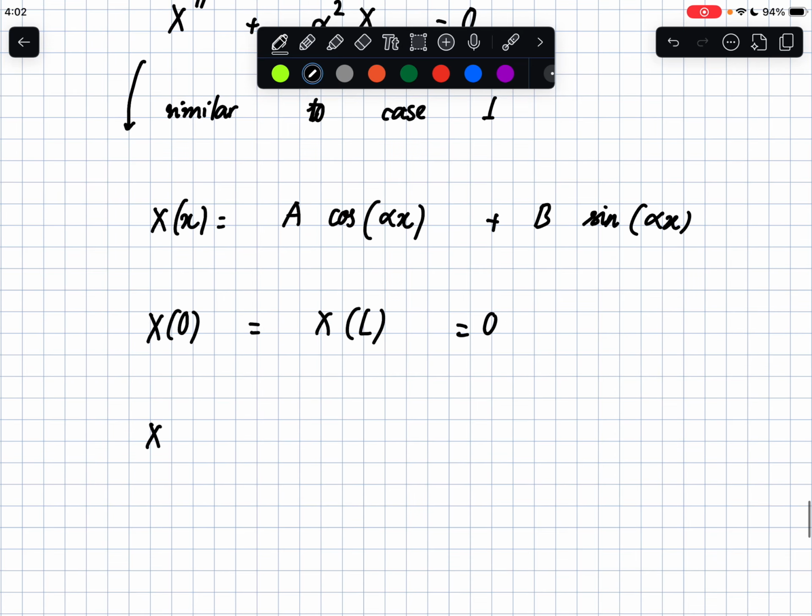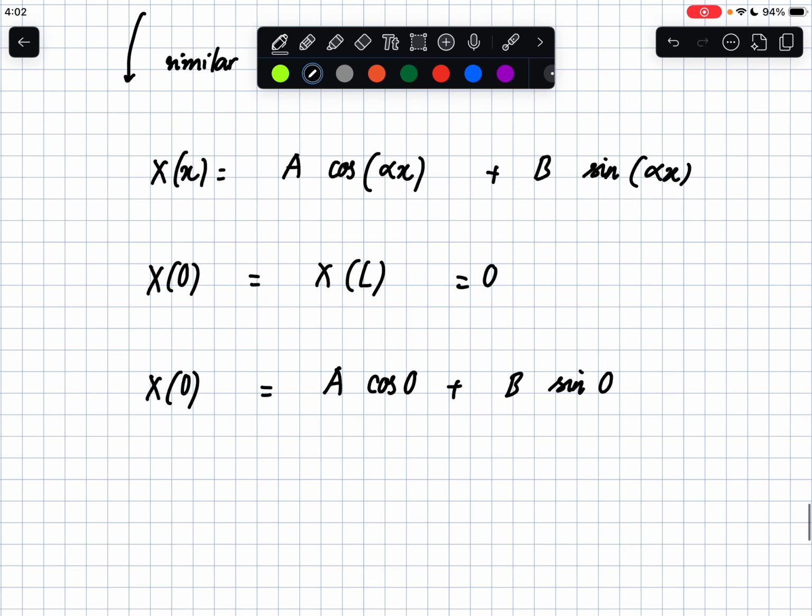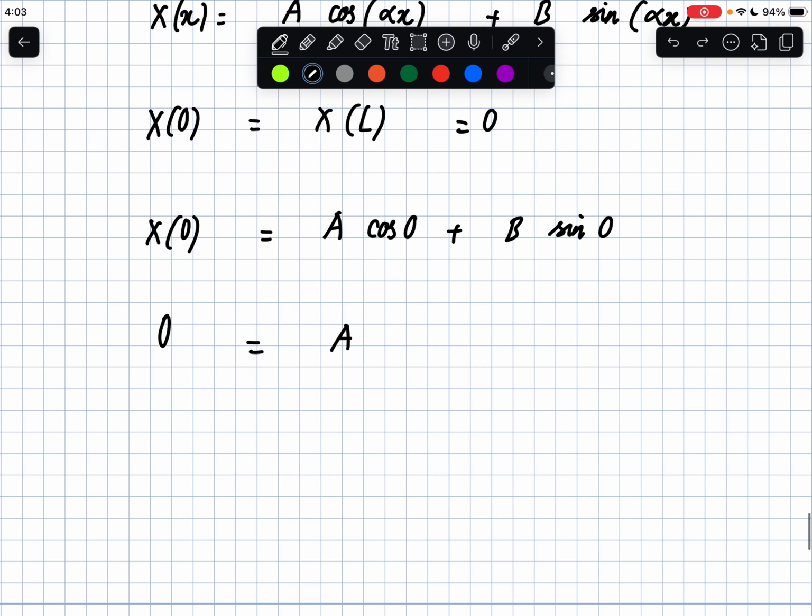X at 0 equals a times cosine 0 plus b sine 0. X at 0 is 0, cosine 0 is 1, so a equals 0. This gives us X of x is b sine alpha x.